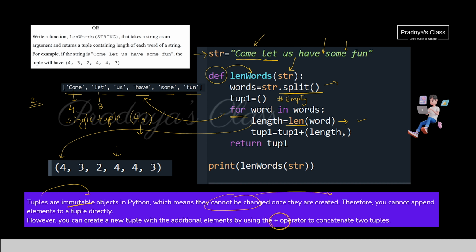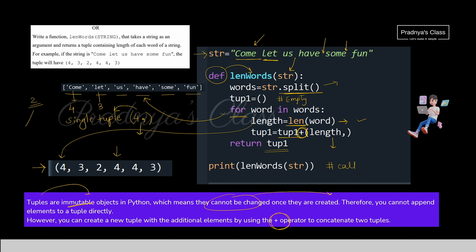Then only it will be considered as a single element tuple. सो सेम कंसेप्ट हम यहाँ पे अप्लाई कर रहे होंगे. जो एम्प्टी टपल है उसके साथ using concatenation operator हम जो नया टपल क्रिएट हो रहा है of length उसे कॉन्कैटनेट कर रहे हैं. सो बाय यूजिंग दिस कंसेप्ट हमें कुछ इस तरह का आउटपुट मिल रहा होगा जिसे हमने रिटर्न कर दिया है और हम इस फंक्शन को कॉल कर रहे होंगे.